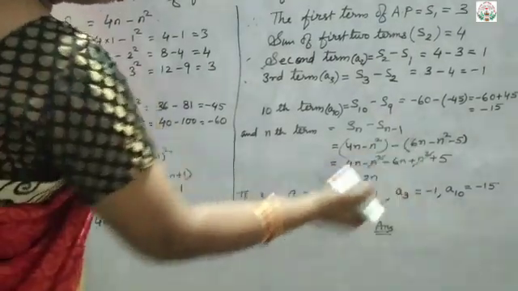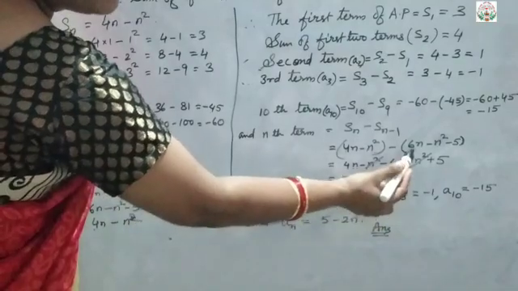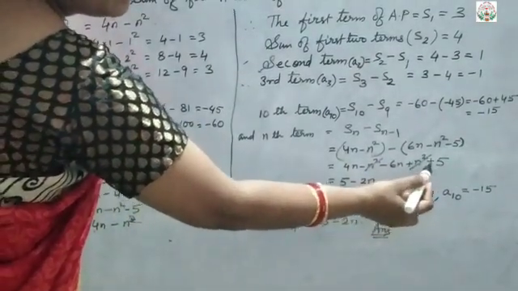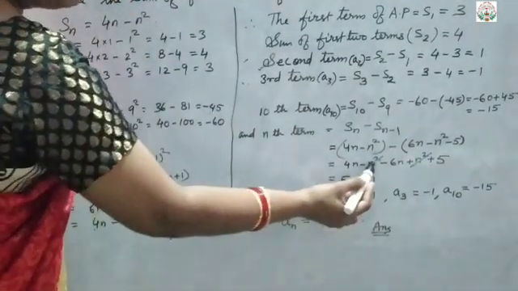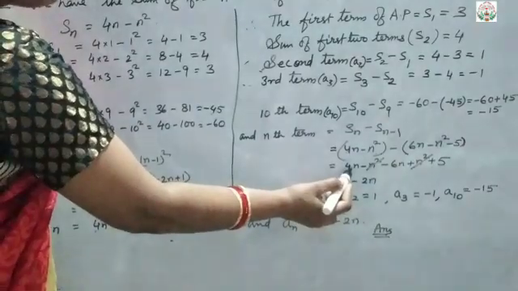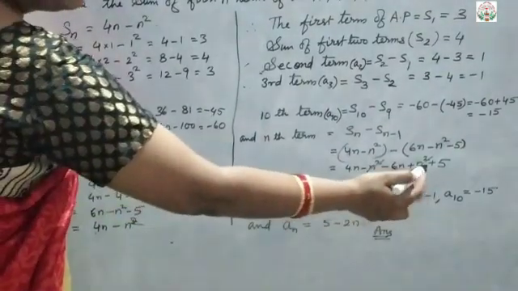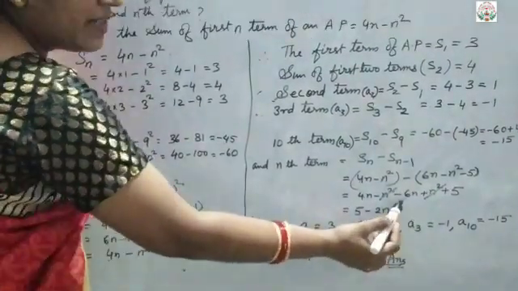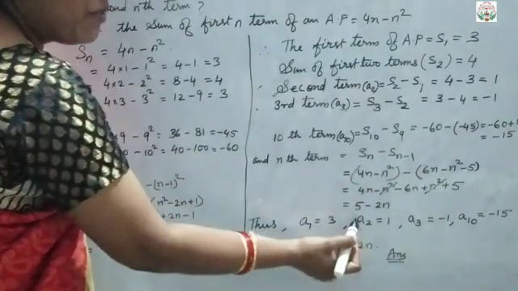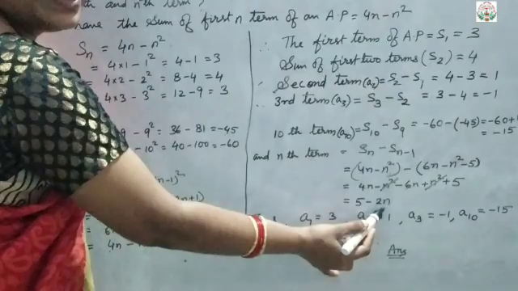Now open the brackets: the minus is multiplied to these terms, so minus 6n plus n square plus 5. Minus n square plus n square get cancelled. Now 4n minus 6n gives minus 2n, and plus 5 stays. So 5 minus 2n is the answer for the nth term.